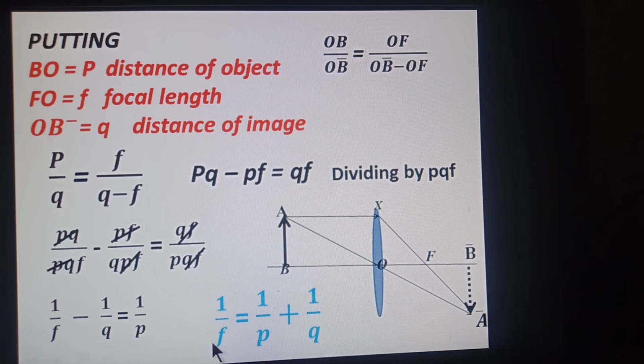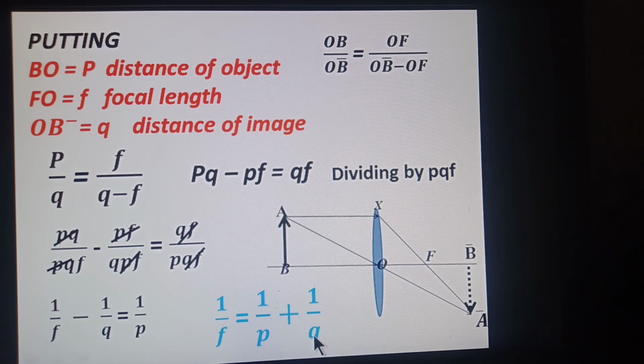F is the focal length. Its value is positive for convex lens and its value is negative for concave lens. P is the distance of object and value of P will be positive for all real objects.